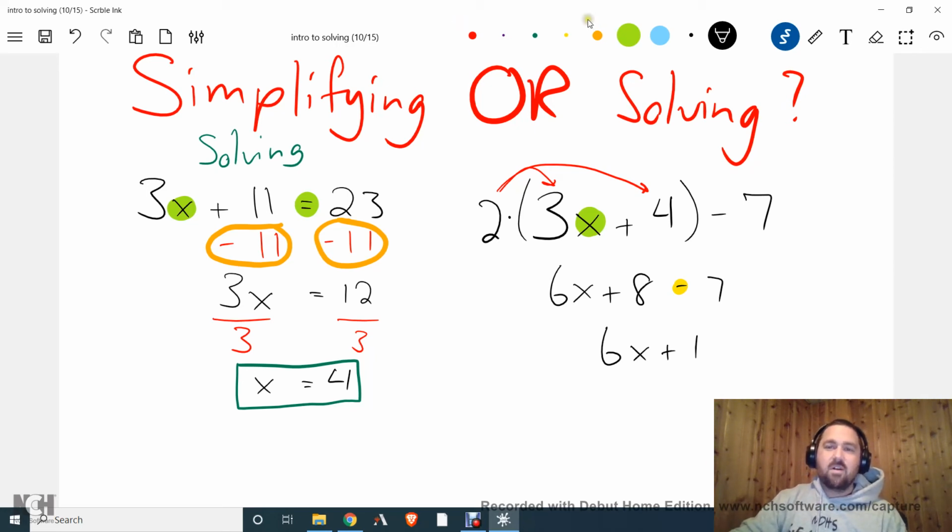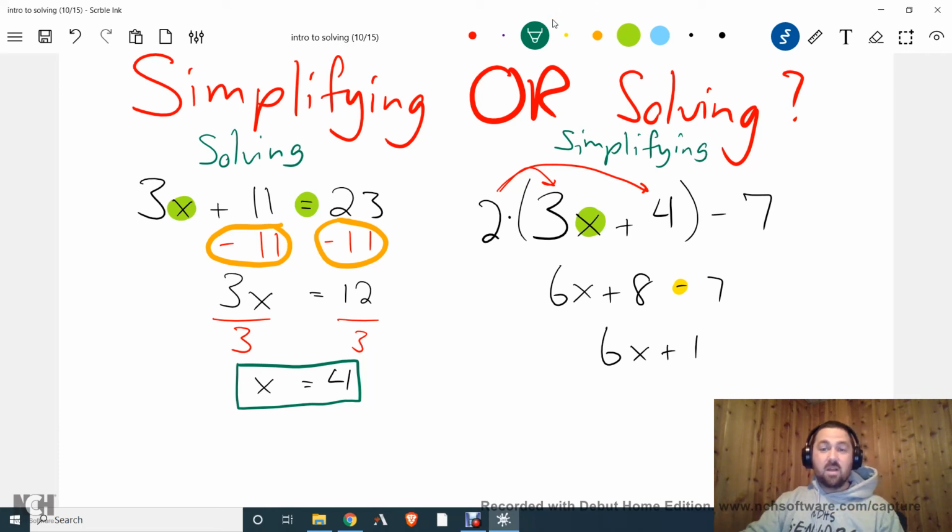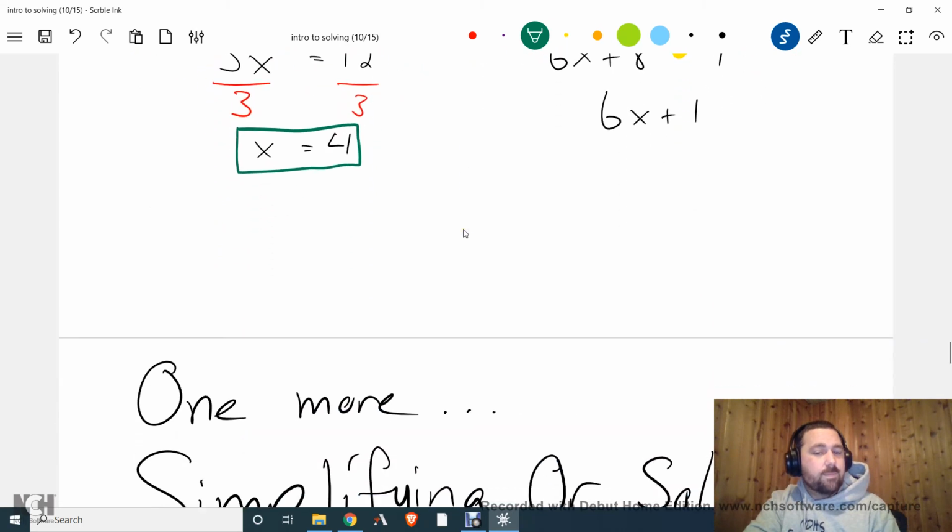All those things would fall under simplifying. And notice how it ends. It doesn't end with x is equal to or anything like that. It just ends with another expression, which is the same as the original expression. So we can see what we were talking about in that list here. Is there an equal sign, yes or no? Are we finding the value of a variable? Are we doing inverse or regular operations?